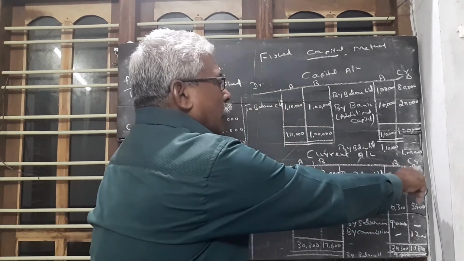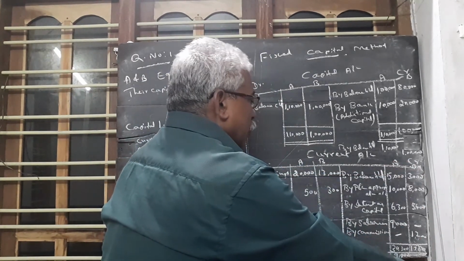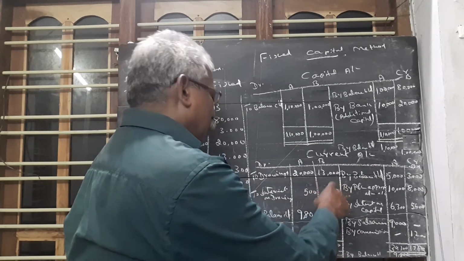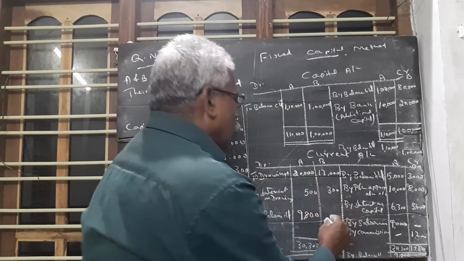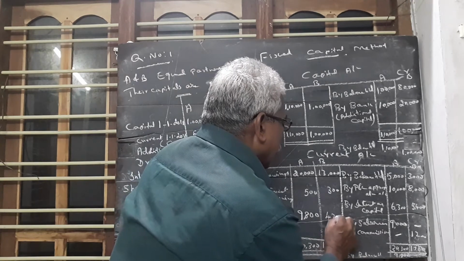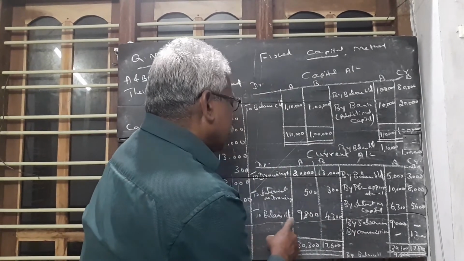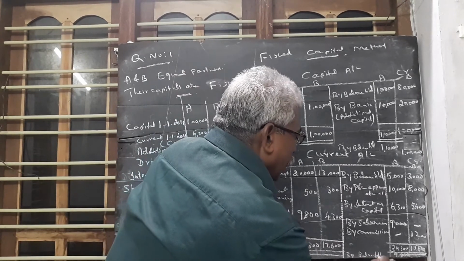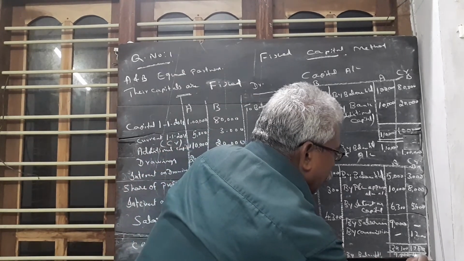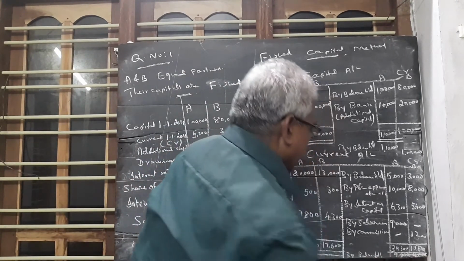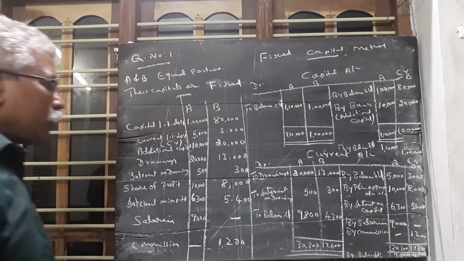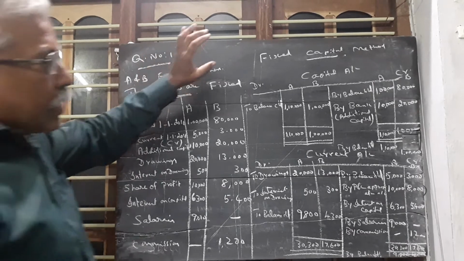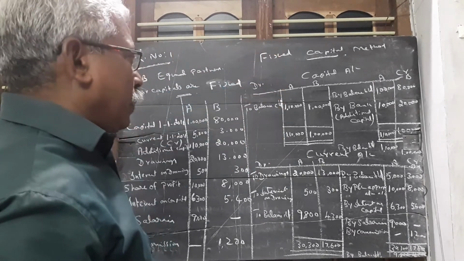Then the total of B's column is 17,600. 17,600 minus 13,300 is equal to 4,300. To balance carried down 4,300, by balance brought down in B's column 4,300 is entered. Thus, the first method, that is the fixed capital method problem, is completed.